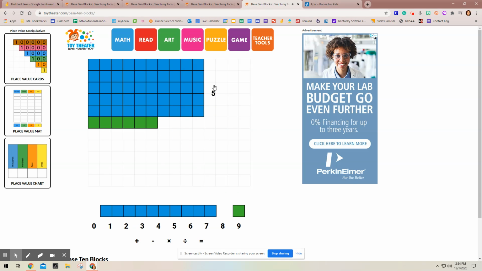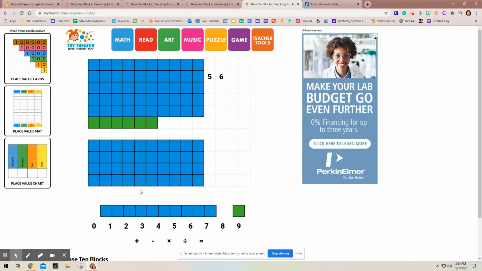So this is my 56. That's my first number. Now my second number is 45. So we're going to build 45. So that would be 1, 2, 3, 4. And I need 5 ones. 1, 2, 3, 4, 5. Okay.